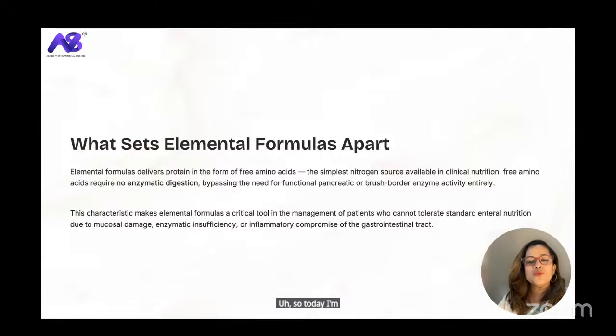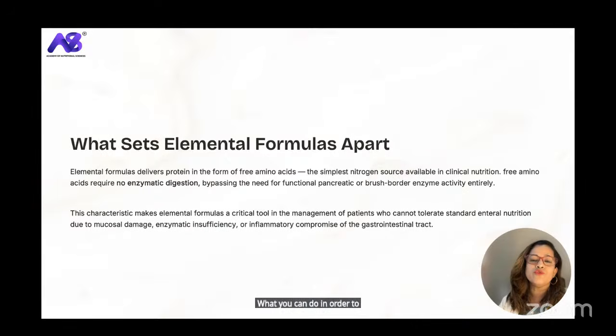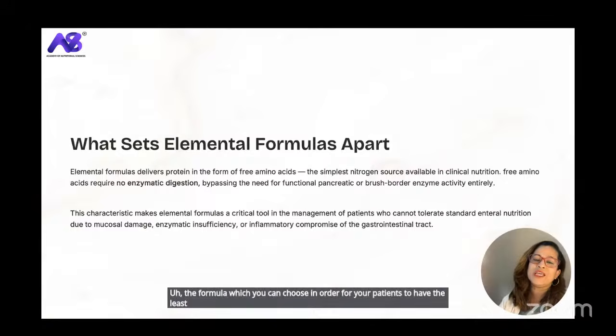Today I'm not going to talk about the different types of intolerances, but about what you can do to choose the right formula for preventing any kind of intolerance. Therefore, today I have taken up certain aspects of the formula which you can choose in order for your patients to have the least intolerances.